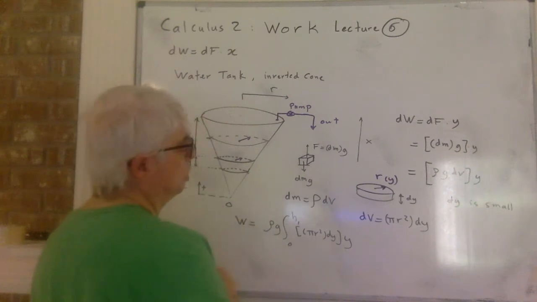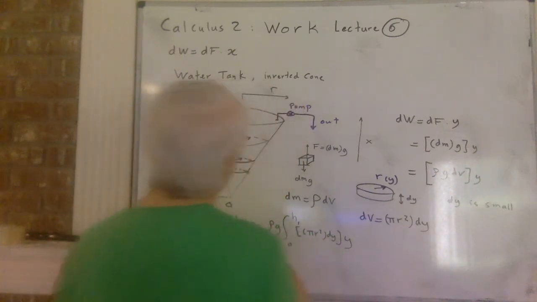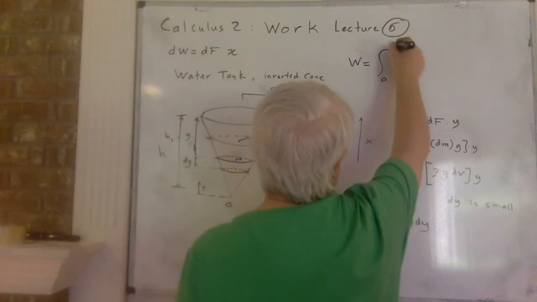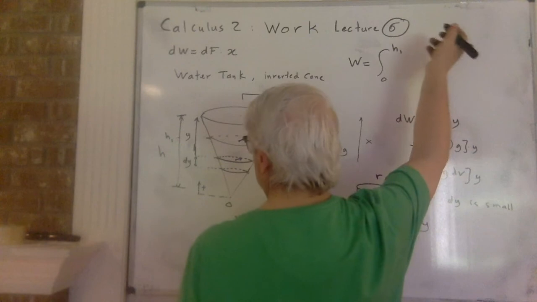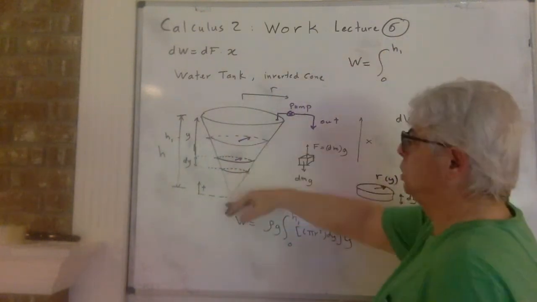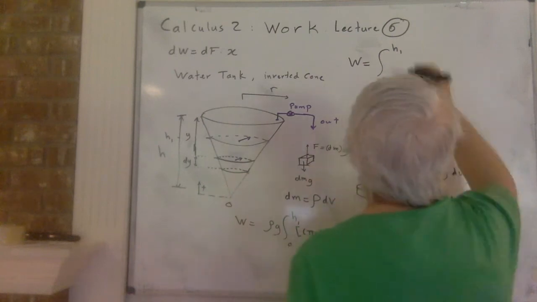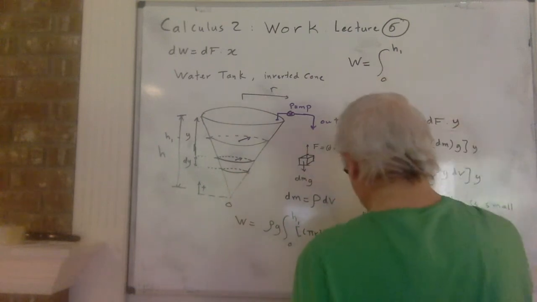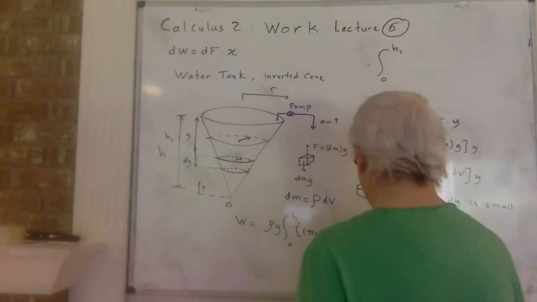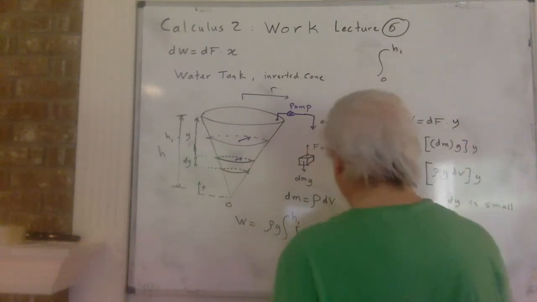work of the pump. Okay, so work of this pump, let me write it here more explicitly. It goes from 0, say, to h1, this is filled up to h1. Then I have, well, let's write rho g outside. Rho g is fixed.